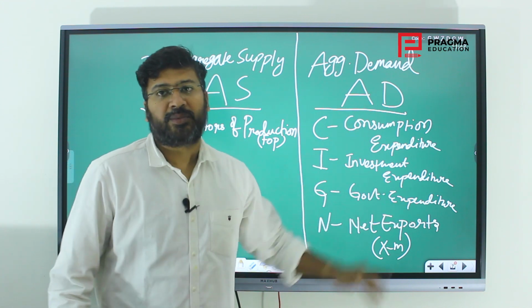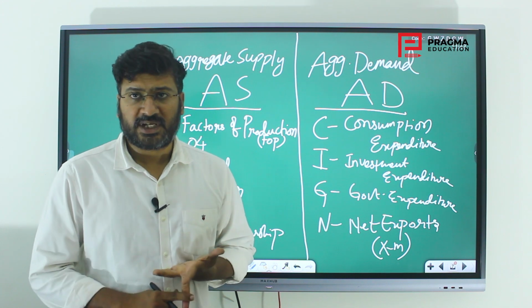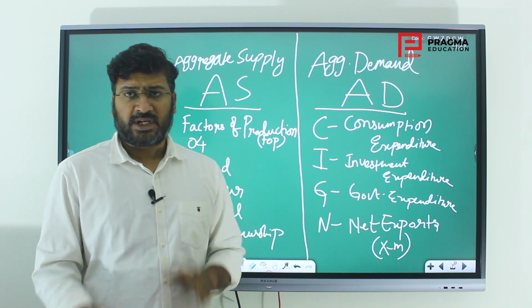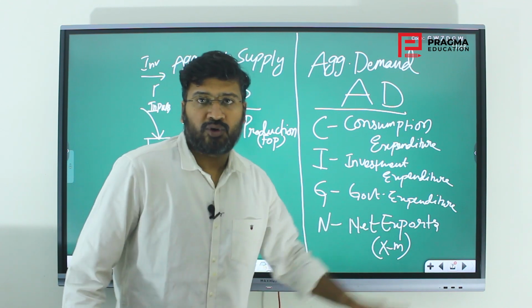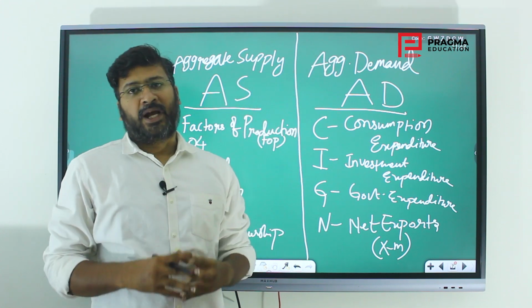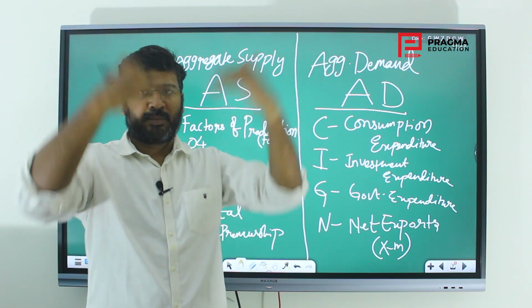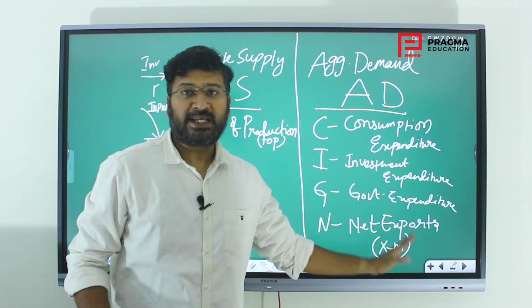Third one is government expenditure: the salaries, running of offices, welfare schemes, everything that is spent by the government. Net exports: exports means the goods that we are selling to other countries. Imports means the goods that we are buying from other countries. Net exports means exports minus imports.